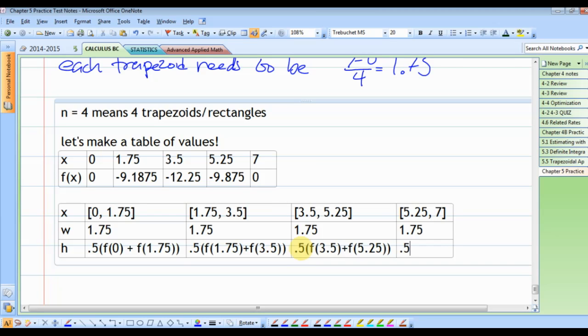Last one is half of... Okay, that's not a very enticing calculation, is it?